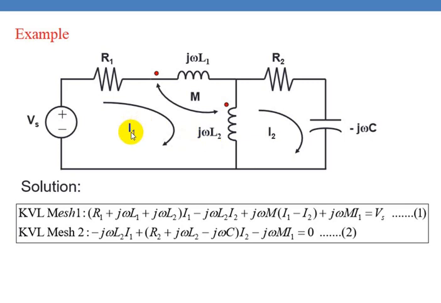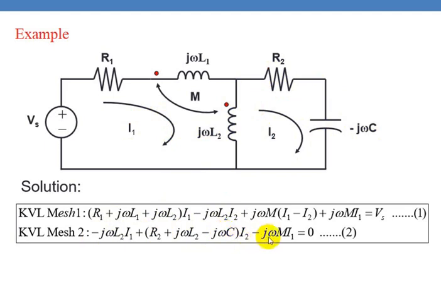So this into I1 is this component. The minus sign is because these two currents are flowing in opposite directions. Next, the I2 component: sum up all the resistance and reactance in this mesh, that is R2 minus j over omega C plus j omega L2, and this will be the coefficient of I2.